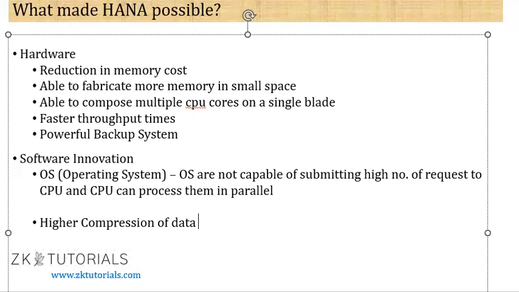Then comes the way you store. The traditional databases store the data in row store format, but with SAP HANA, the default store is column store. What row store and column store are, we will learn in the next slides.